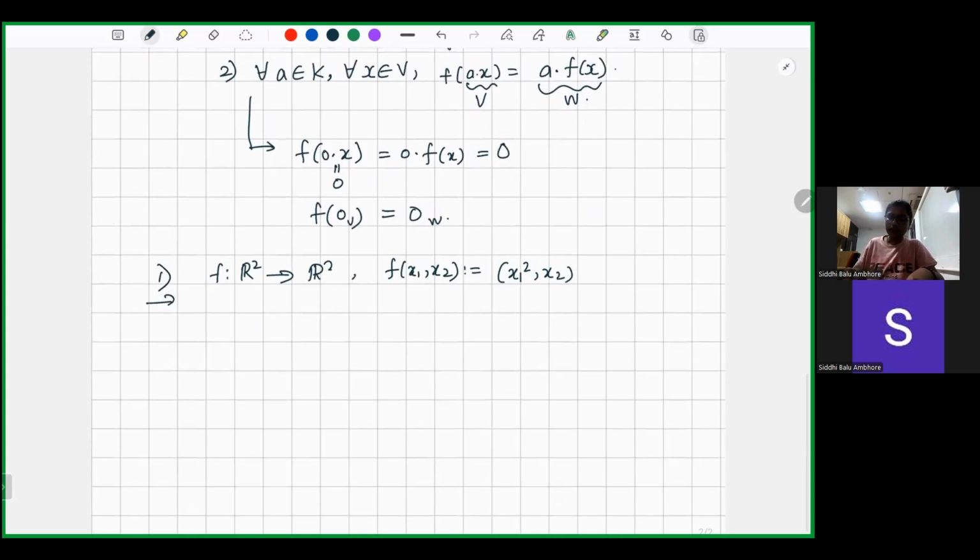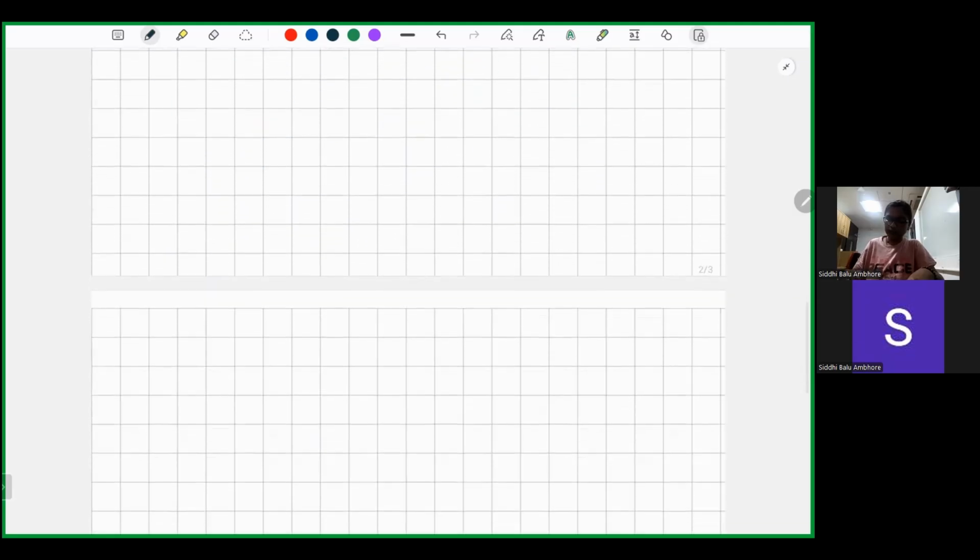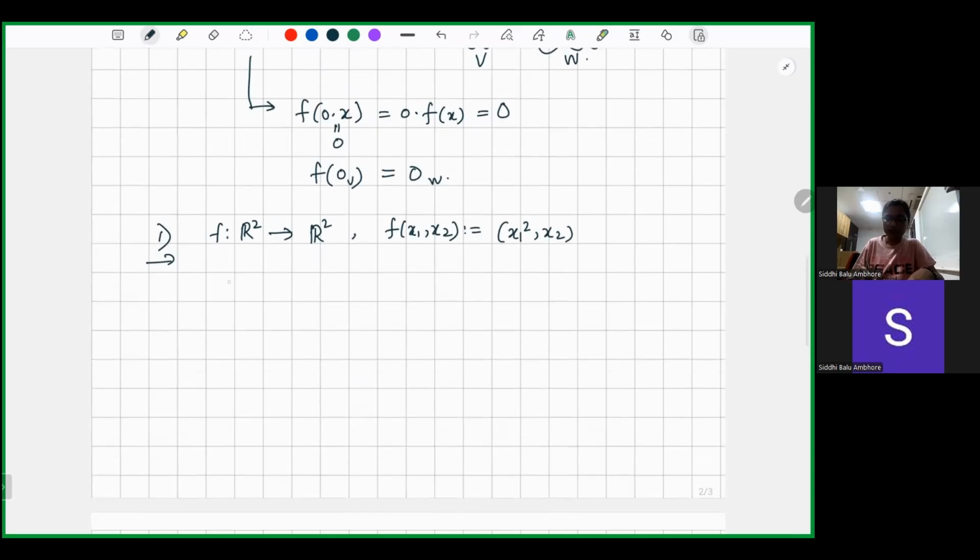That's the map, and now we have to check whether it is a linear map or not. First we will check whether f of (0, 0) is (0, 0) or not. So here what is it?